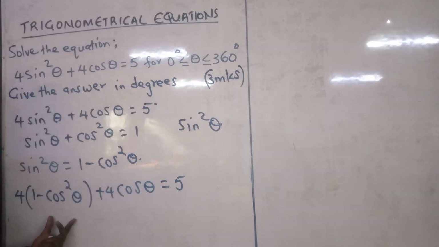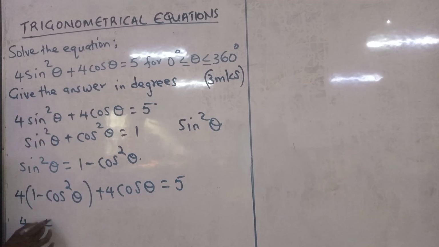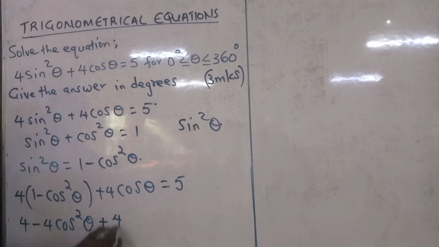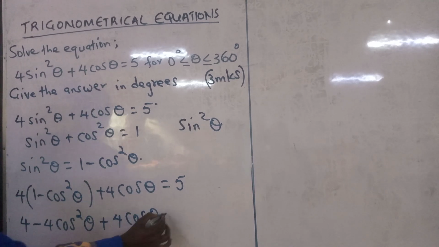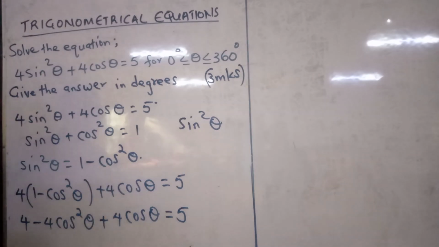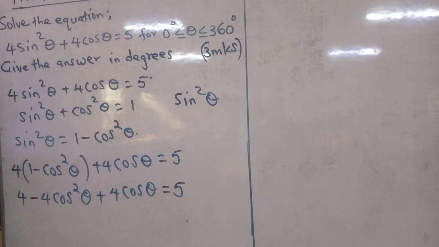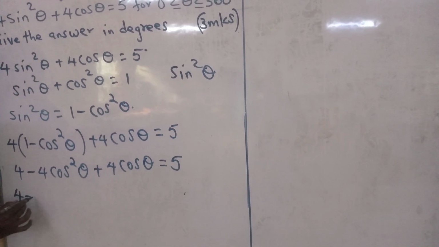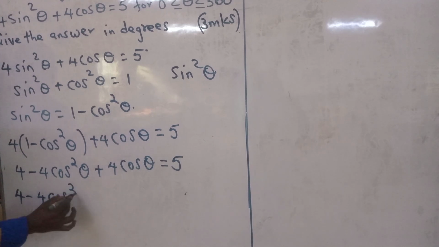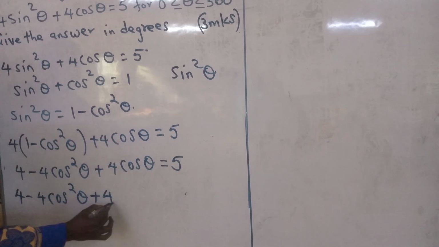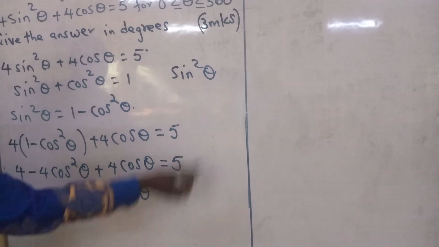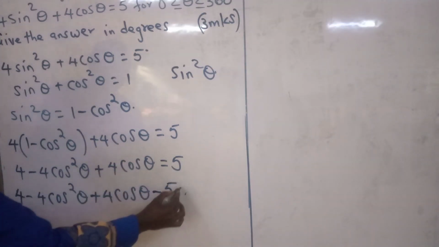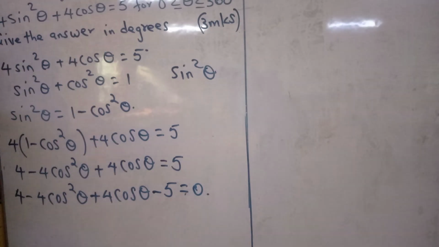We can open our brackets, and when we open our brackets, we are going to have 4 minus 4 cos squared theta plus 4 cos theta is equal to 5. So when we have that, we can now put the like terms together and have 4 minus 4 cos squared theta plus 4 cos theta. We can bring 5 to the other side, minus 5 is equal to 0.